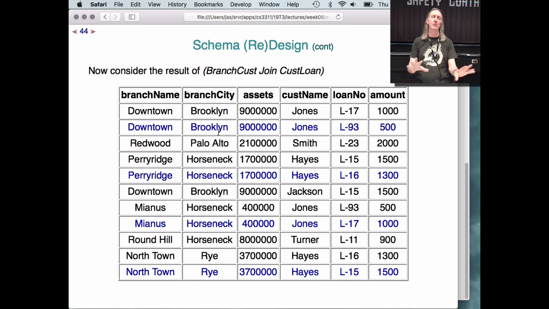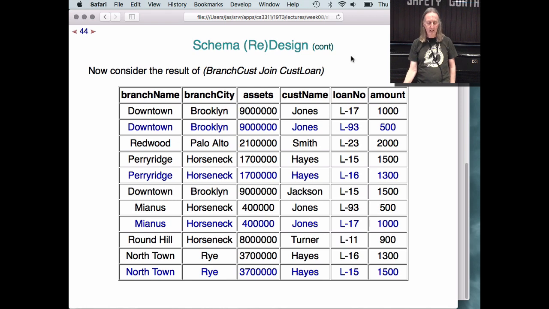You can go back and have a look at those 2 tables just to see how we've ended up getting this one. Similarly, all these blue tuples are ones that weren't in the original table, and they're basically a byproduct of a particular customer having multiple loans, and the fact that the customer loans table and the customer name allow us to join with the customer name in the original table ends up producing extra tuples.